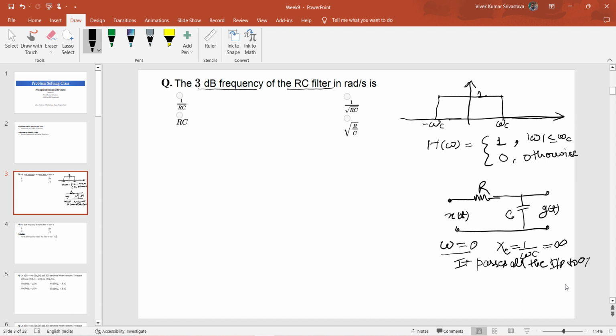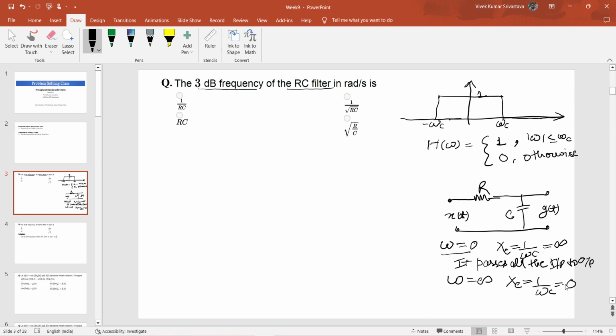Whereas at omega equal to infinity, Xc is defined as 1 over omega c, which is nothing but 0, because at omega equal to infinity this Xc will be 0. It means that this capacitor will act as a short circuit.